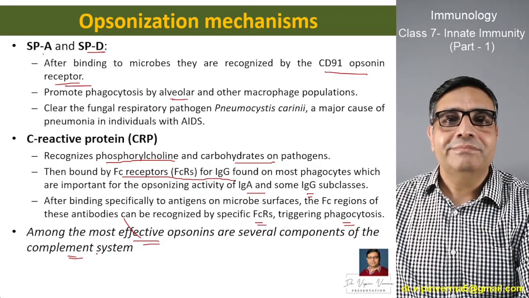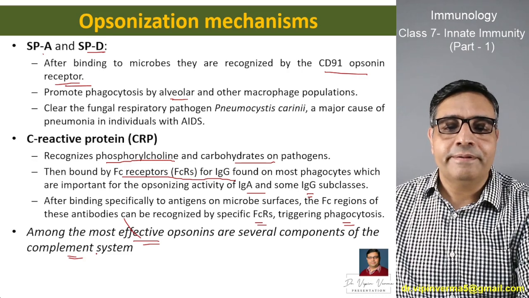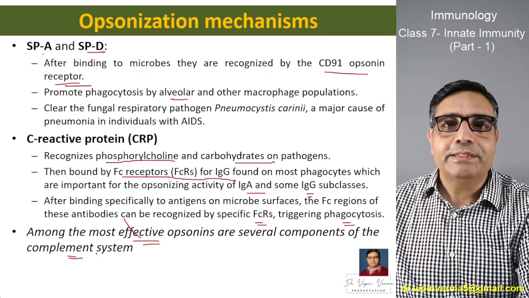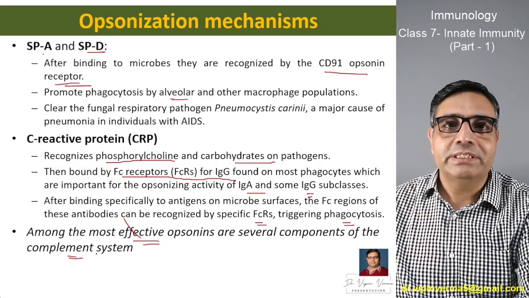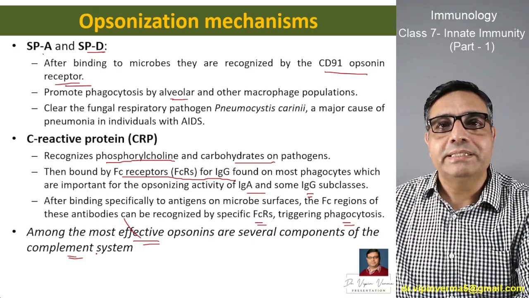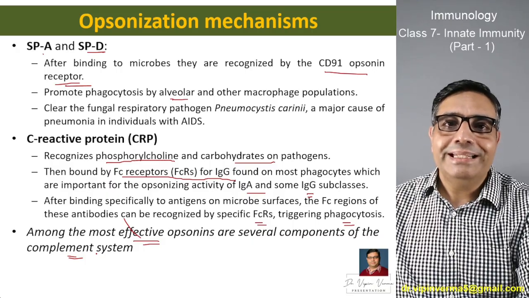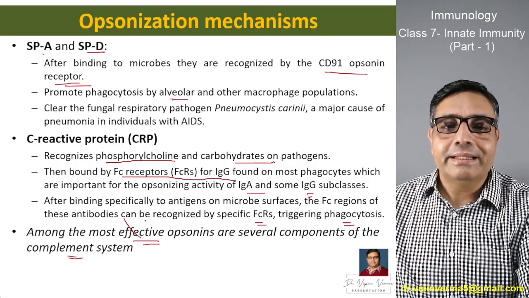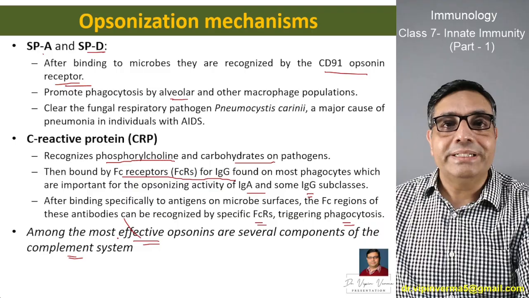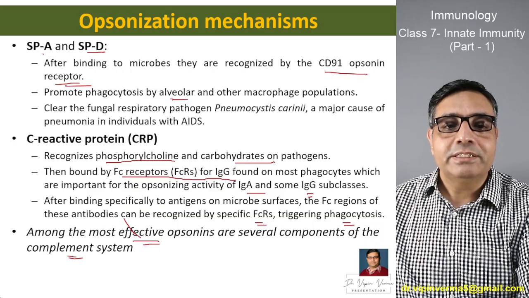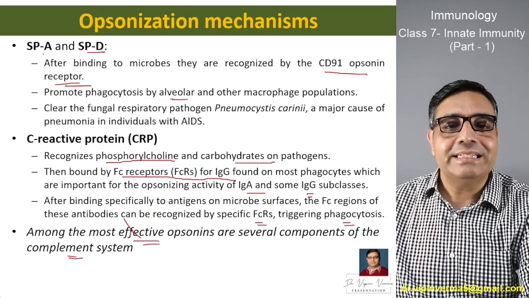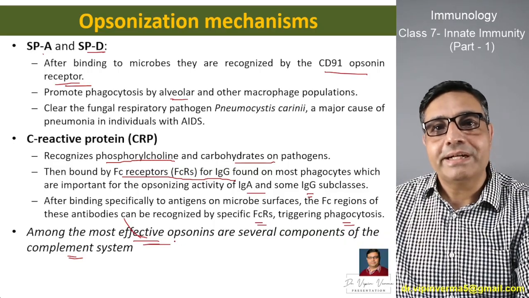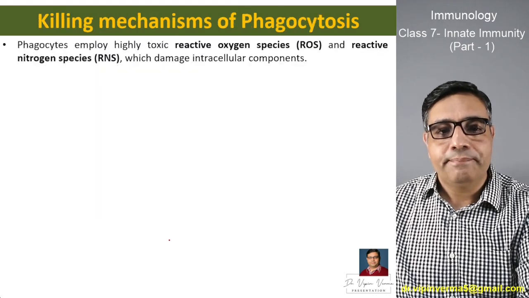This term you are hearing again and again, but we will discuss it in the next class. The complement system is a very beautiful system inside our body, composed of a number of proteins which we call complements, and they do a variety of functions. One of the best functions of this complement system is that its components act as opsonins, and they are among the most effective opsonins in the body.